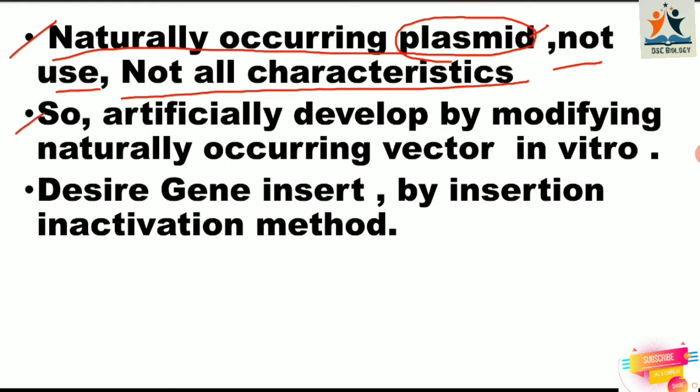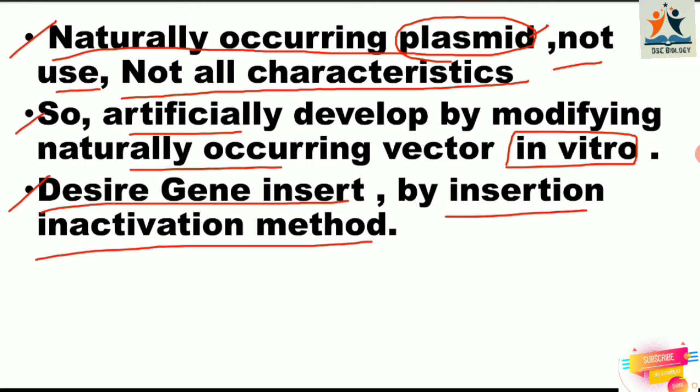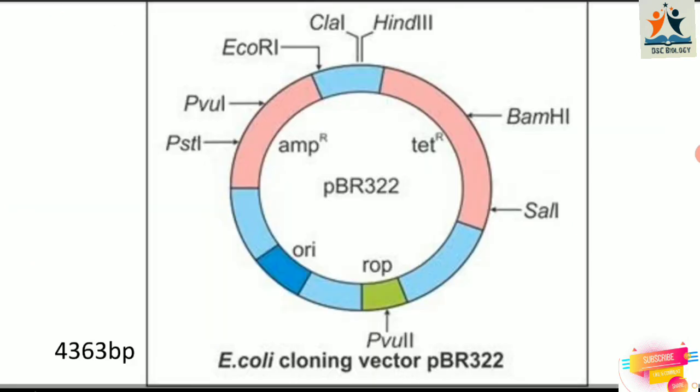So we need to modify it artificially in the lab, in vitro. After constructing the plasmid, we use it and insert the desired gene by the insertional inactivation method.